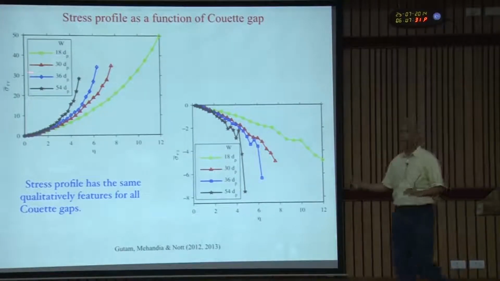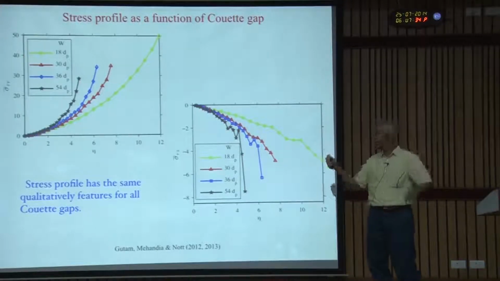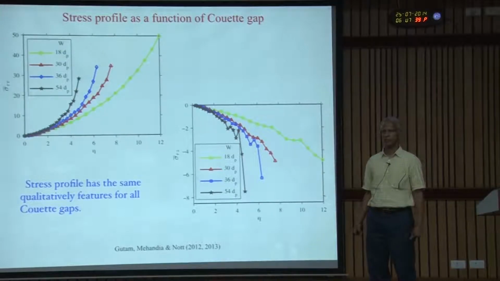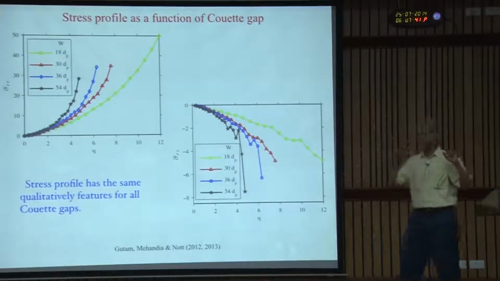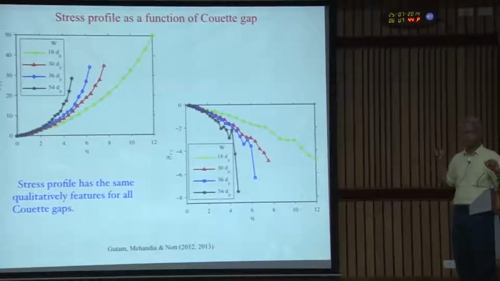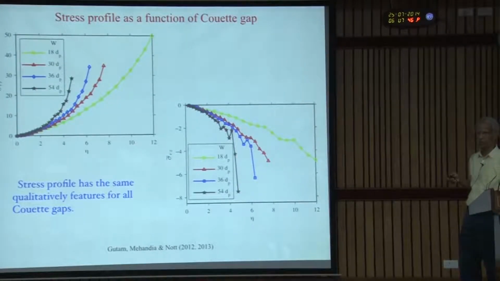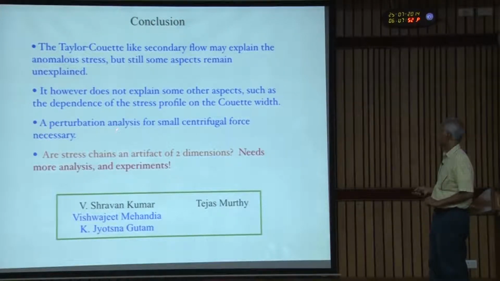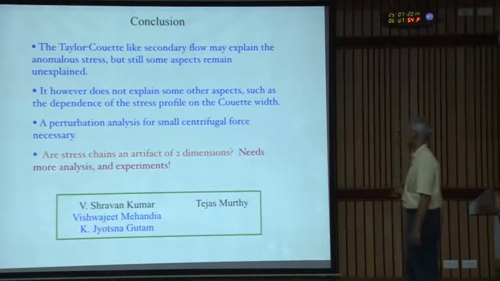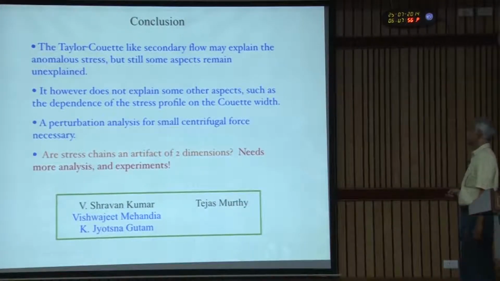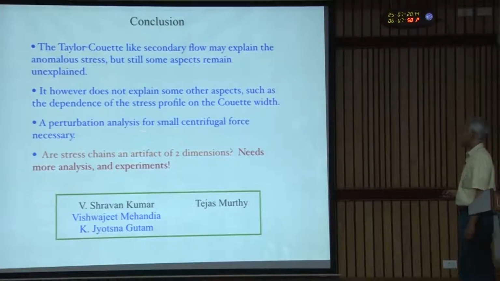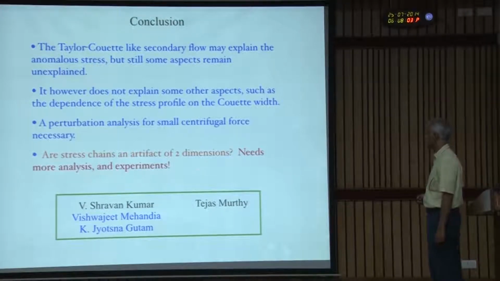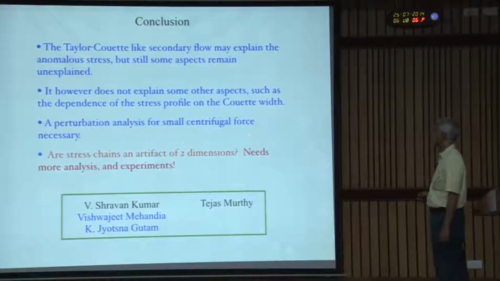Stress is scaled by rho g times the gap, and the vertical distance is scaled by the gap. They should all fall on a straight line. They don't, so it doesn't explain everything, and that is if you believe plasticity here. As I said, we're trying to do a perturbation analysis of the plasticity theory for the small centrifugal force.